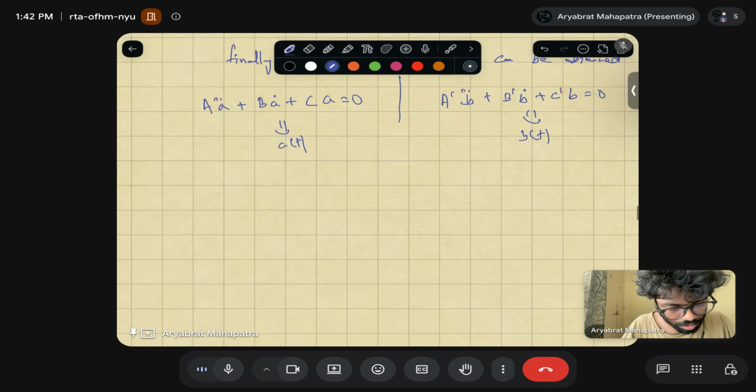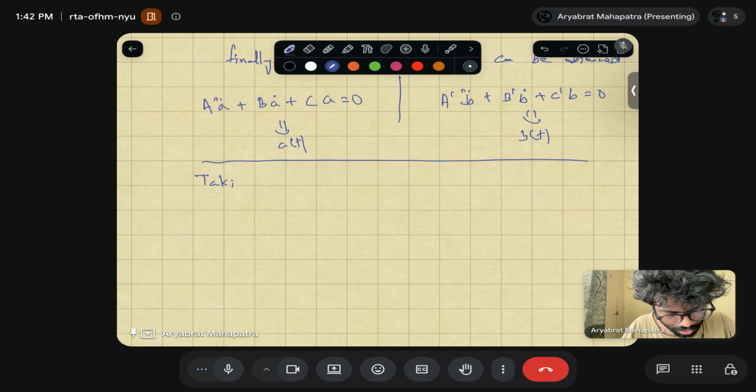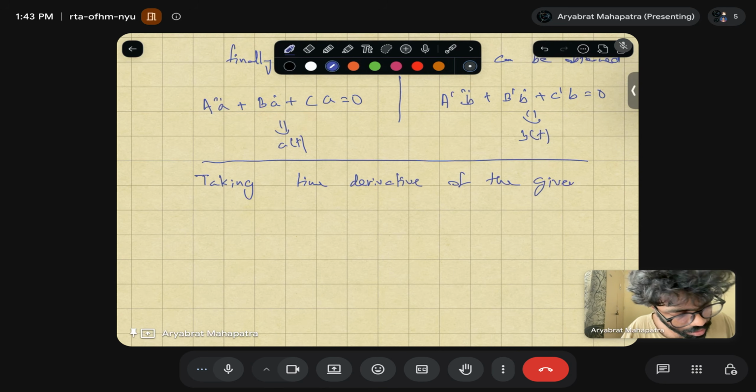So if we just simply start out by taking the time derivative of the given expression of a of t.